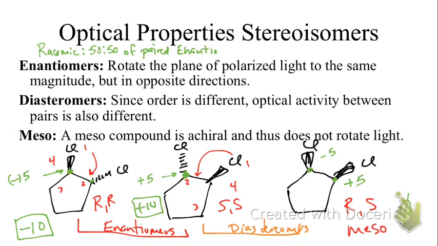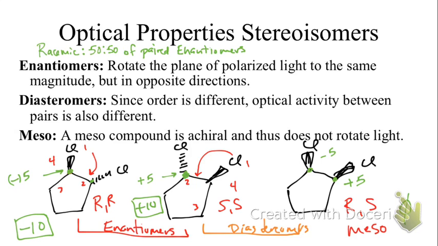It's ultimately the same thing as a meso compound. If we have a racemic mixture, we see no optical activity. The only time we'll really see optical activity is if we have at least one chiral center and we don't have a meso compound.